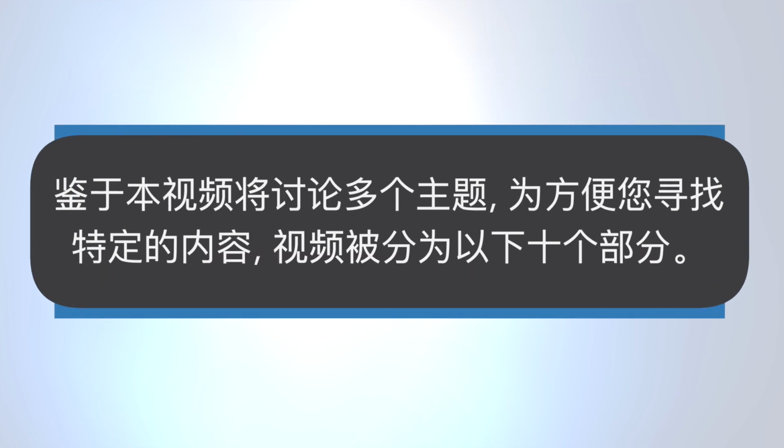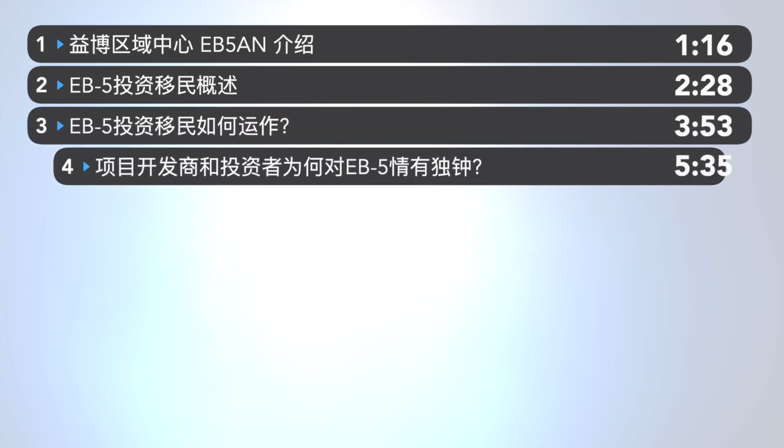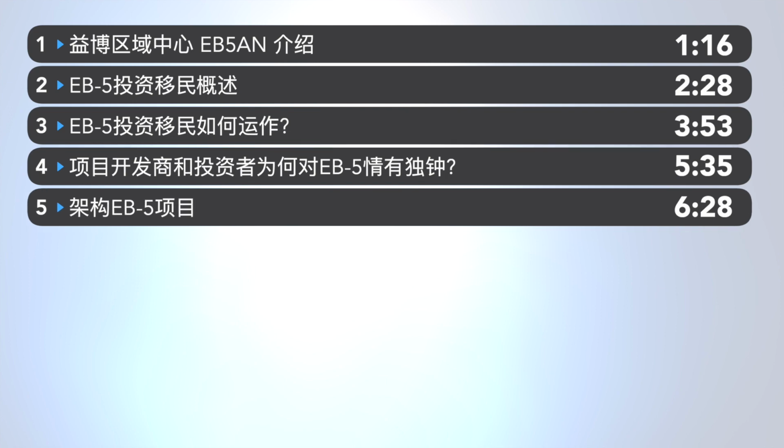Since we discuss many topics, and to help you easily jump to specific sections, we have organized the video into the following 10 sections. 1. Who is EB-5AN? 2. Overview of the EB-5 program. 3. How the EB-5 program works. 4. Why EB-5 is popular with project developers and investors. 5.